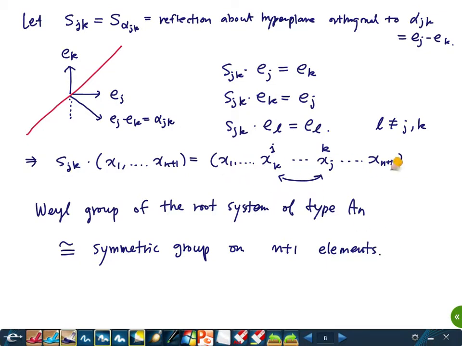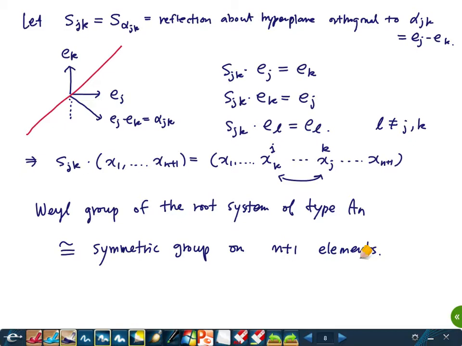It acts like that, and it is a faithful action. So the Weyl group is really this permutation group for type A_n. Okay, so that's for type A_n.